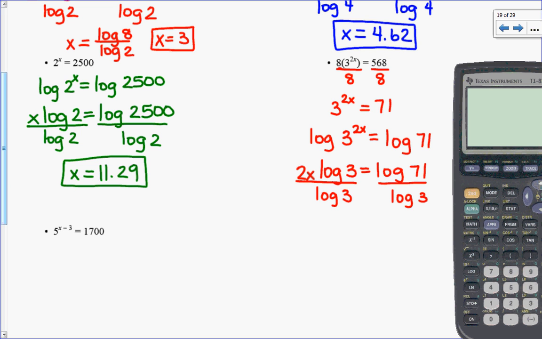So then I will have on the left 2x equals log 71 divided by log 3, which is 3.88. But I still haven't isolated x yet, so I need to divide both sides by 2, so x is 1.94. That's my final answer.